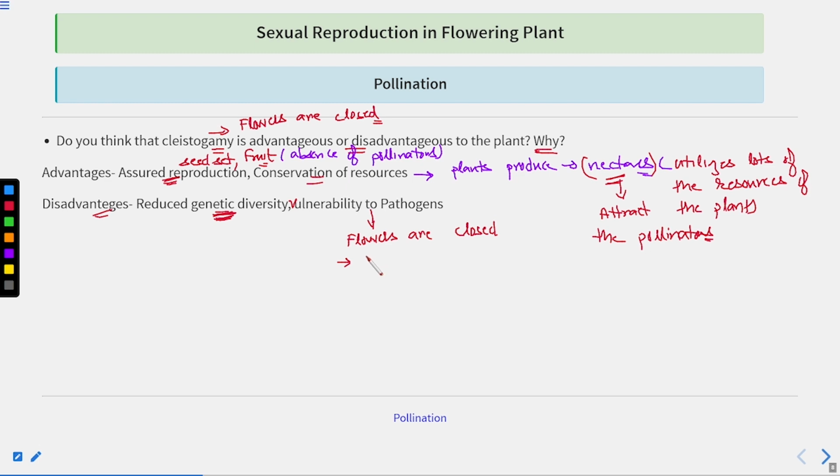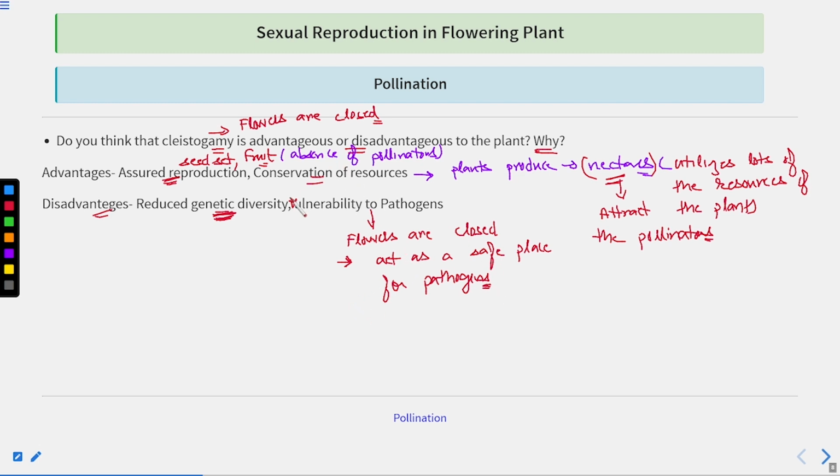They act as a safe place for the pathogen. What does this mean? This means that pathogens can live inside this flower because it is closed, it is protected. So it is a very safe place for the pathogens.